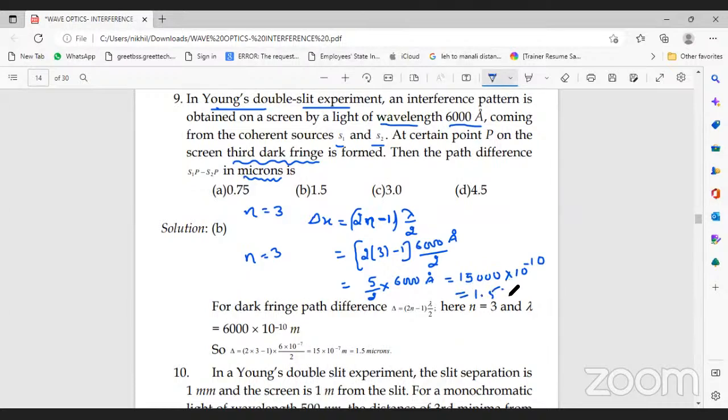So 15,000 can be taken as 1.5 into 10 power minus 6. So in microns, it is option D.